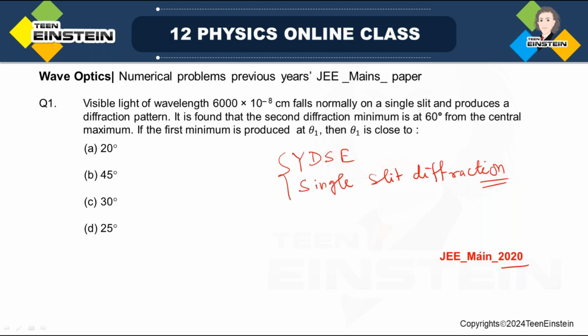In today's session I have only JEE Mains 2020. I have picked up questions on these particular topics, Young's double slit experiment and single slit diffraction. As you know, I have already discussed numerical problems on the superposition of waves and very basic ideas of wave optics.